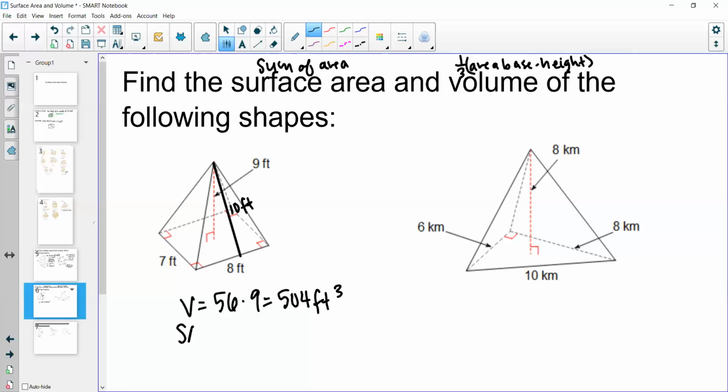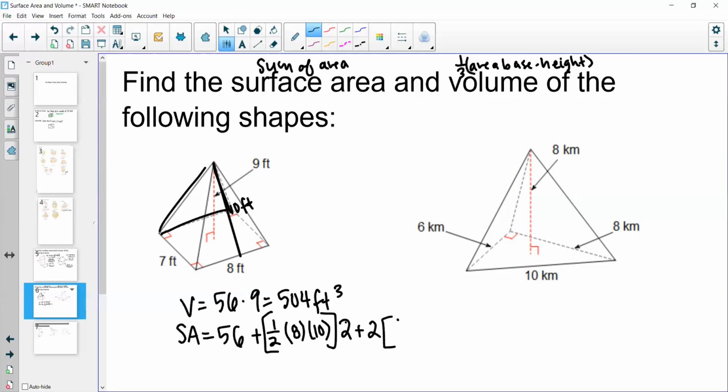So to find that surface area, what we want to do is find the area of all the pieces. So 7 times 8 would be 56. Plus the area of this side, remember that's a triangle, so the area of the triangle is 1/2 times the base times the height. And because of how our pyramid works out, with this being a rectangular pyramid, this side on the back here is actually the same as the side on the front. So we've got 2 of those, plus 2 times 1/2 base times height.